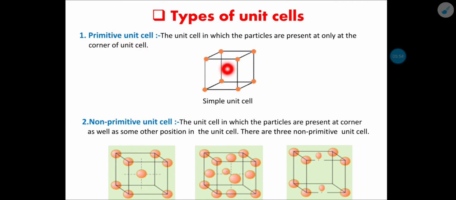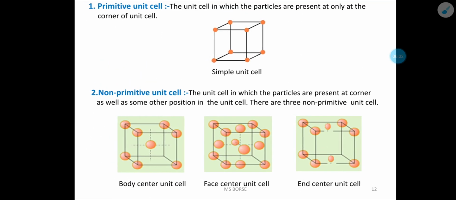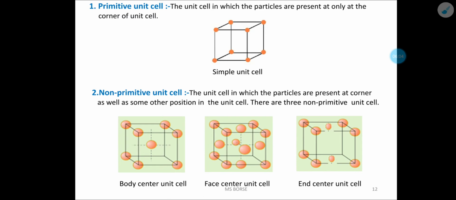This type was found first. Then crystallographers studied different crystalline compounds again, and they found another type of unit cell, that is the non-primitive unit cell. These are unit cells in which particles, lattice points that may be atoms, ions, or molecules, are present at the corners of the unit cell as well as at some other positions of the unit cell.